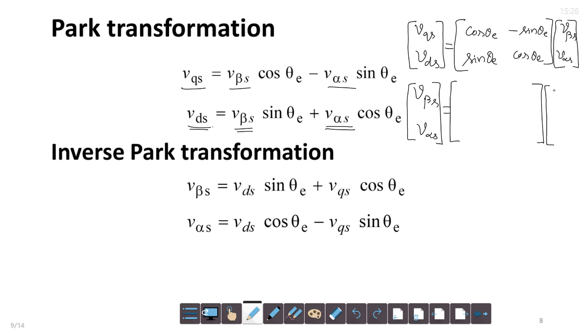So, from V q s and V d s, the inverse of this 2 by 2 matrix has cos theta e along the diagonal, and the off diagonals are with reversed sign. So, you get these expressions for V beta S and V alpha S from V q s and V d s by resolving the components of the voltages.